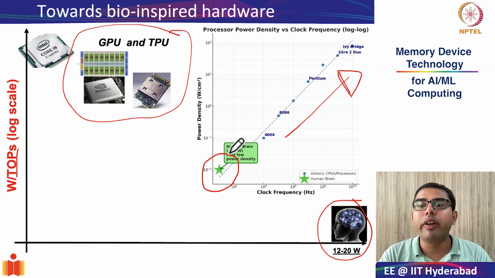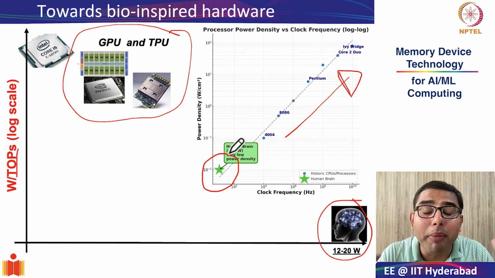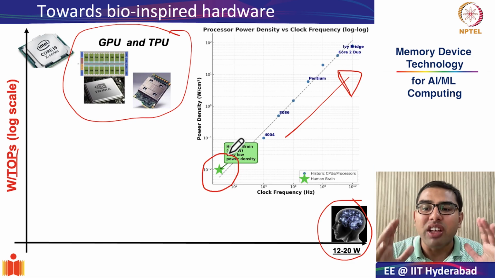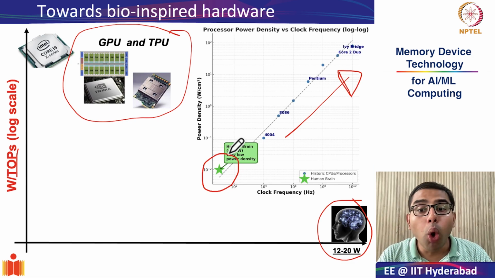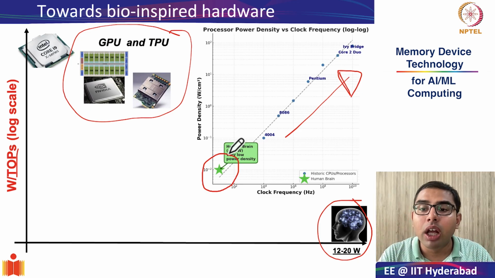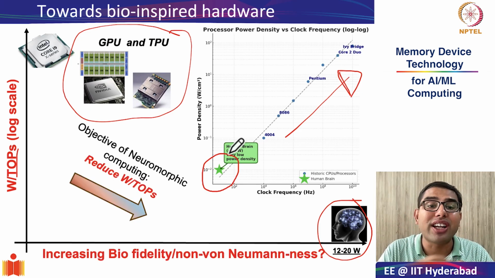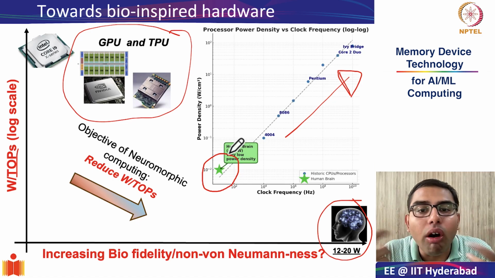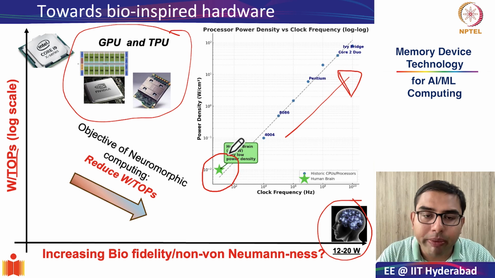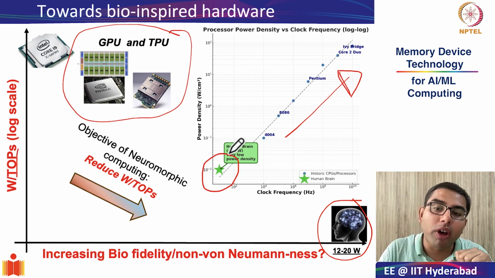In contrast, the human brain operates at a meager 5 to 12 watts, 20 watts, with extremely low power density, yet it supports remarkable intelligence. And this contrast makes it very clear that if we want sustainable, low power AI/ML based computing, we need hardware also that is brain inspired. That is the idea. And to understand this, what we will do today is get a feel of the overall structure and the need of neuromorphic computing.